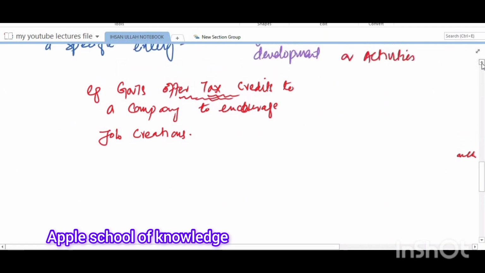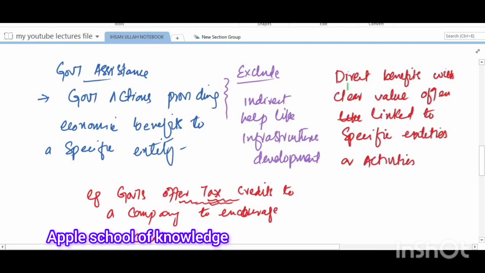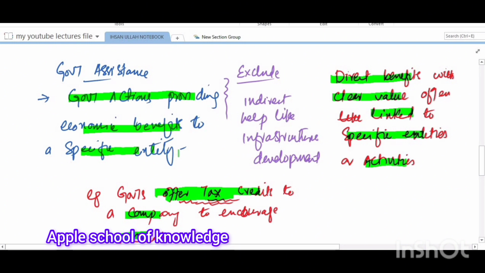If you check the definition, it's direct help with a clear value and link with a specific entity or activity. It is linked with the company and the specific activity of job creation, and this is a direct offer with a clear value. The government action providing economic benefits to a specific entity, we call that government assistance. Now let's move on.